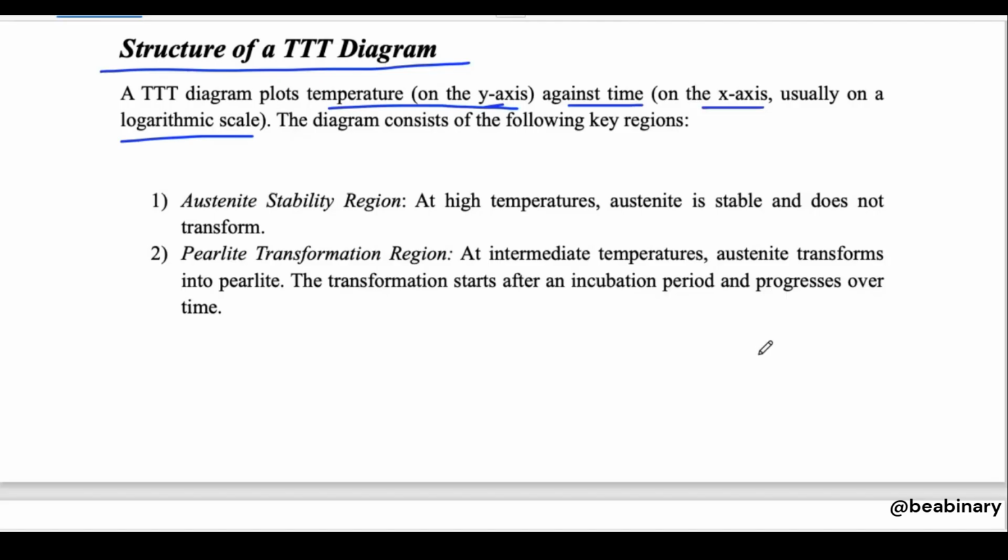I know that you are aware of the basic log rules. Here it is not a normal scale, but a logarithmic scale. On the y-axis we have the temperature values, and on the x-axis the time values, taken on a logarithmic scale.